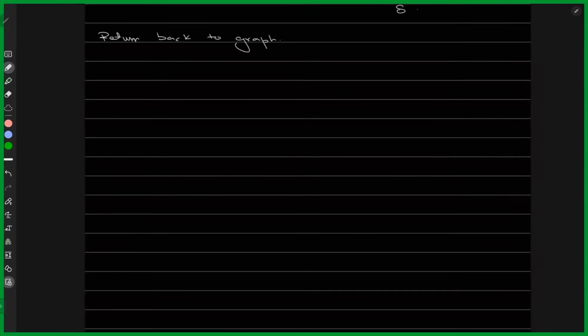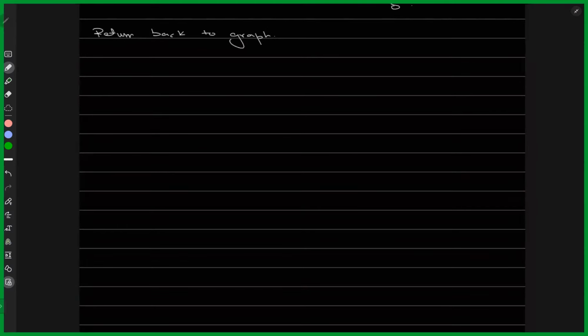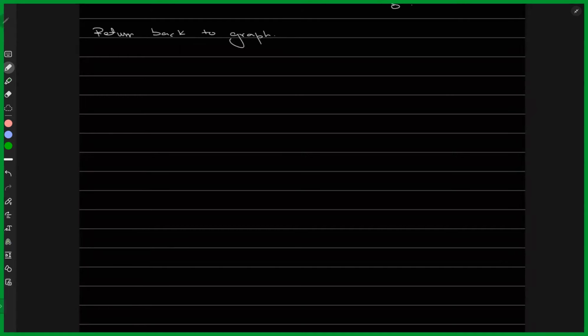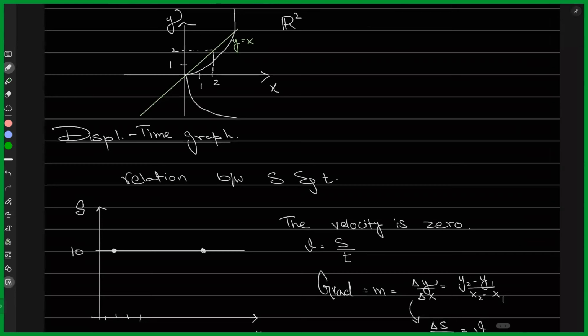Okay, now we haven't looked at any curves in these graphs. Let's come to that part. So basically we are returning back to graphs, as in just the mathematical definition of these graphs, right? Remember here we were talking about graphs.